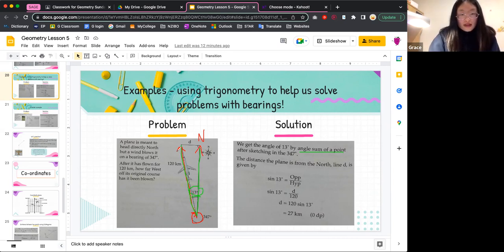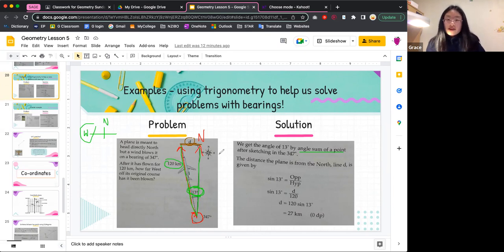So we know that the plane has flown for 120 kilometers, and we know that this angle is 13 degrees. And we want to find how far west of its original course it's been blown. So using our compass directions, west is to the left on this diagram. So we want to find how far west, so this distance right over here.